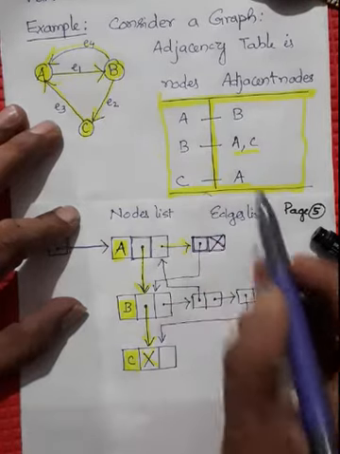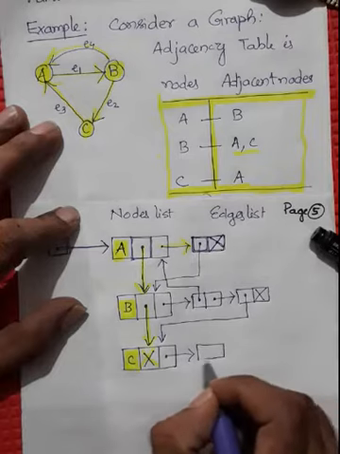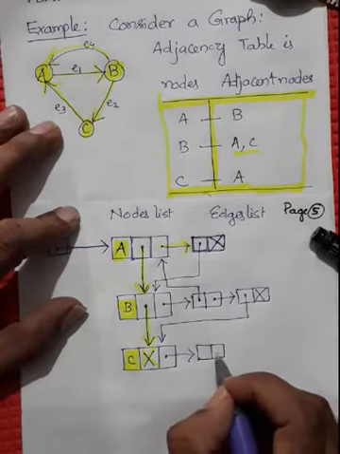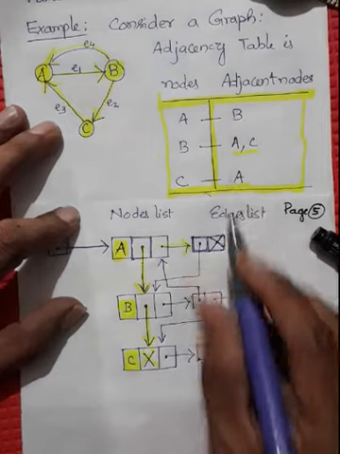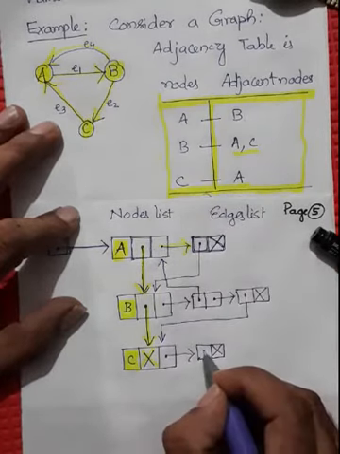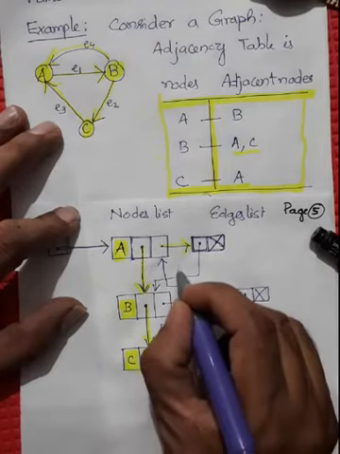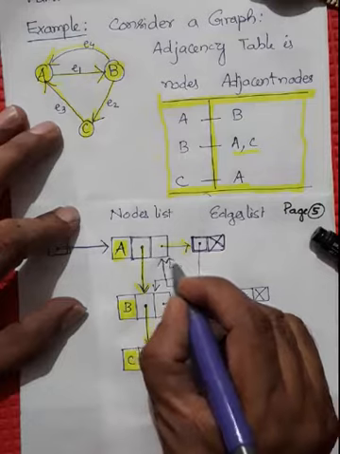Similarly, now C to A. C also has an edge list where only one edge is there, so let me put null here, and it is pointing to A. So let me draw a line accordingly, C to A.